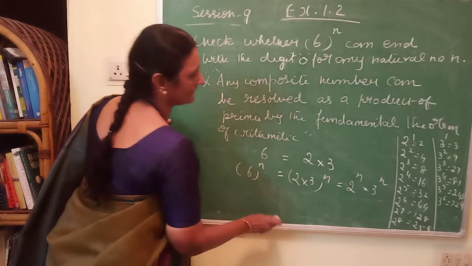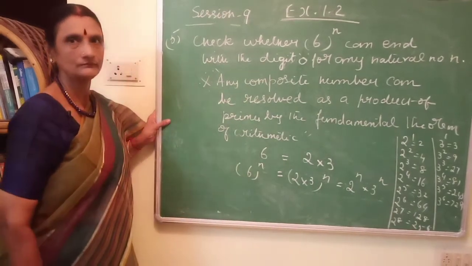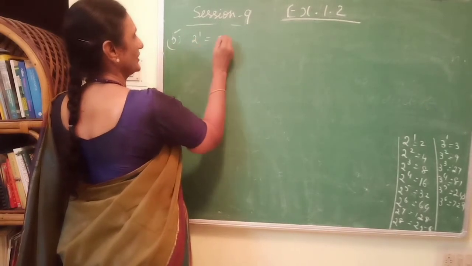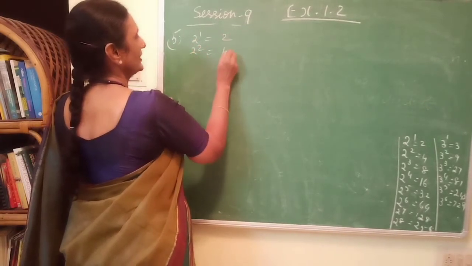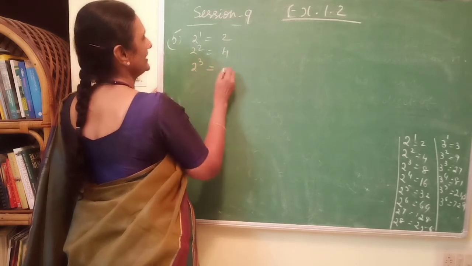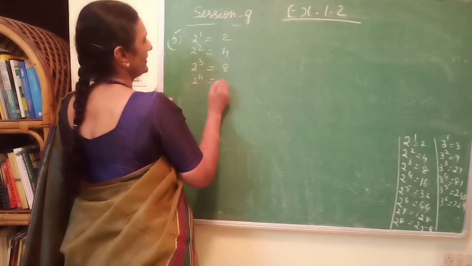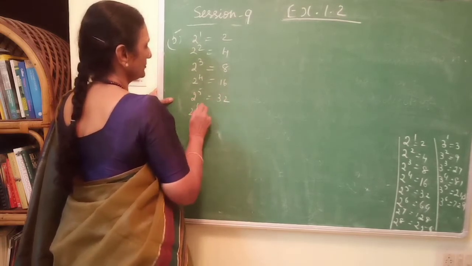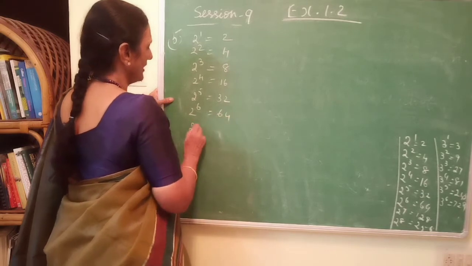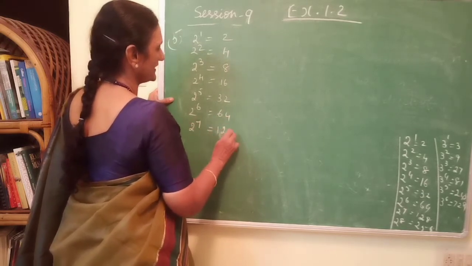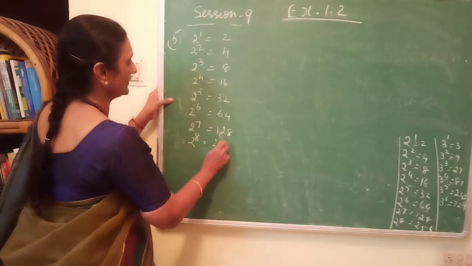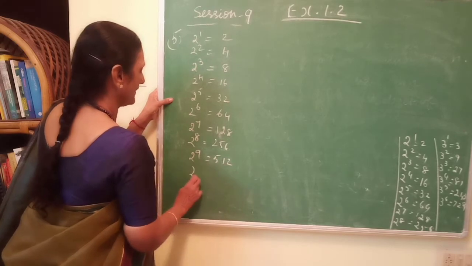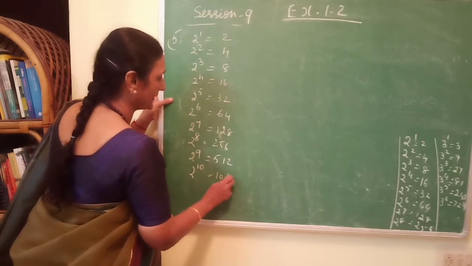Here you can write the reason. The reason I will show you. In order to understand better, once again I will write for you. 2 power 1 is equal to 2. 2 power 2 is equal to 4. 2 power 3 is equal to 8. 2 power 4 is equal to 16. 2 power 5 is equal to 32. 2 power 6 is equal to 64. 2 power 7 is equal to 128. 2 power 8 is equal to 256. 2 power 9 is equal to 512. 2 power 10 is equal to 1024.